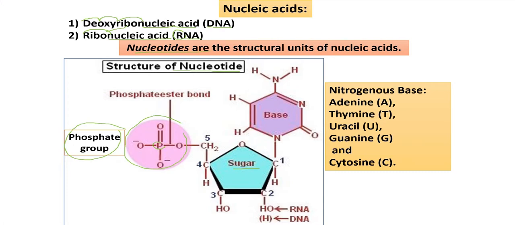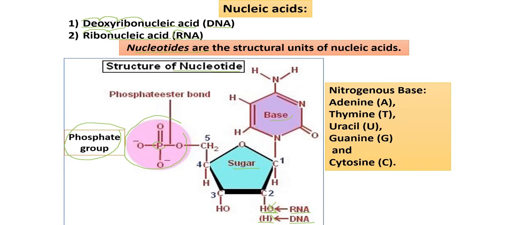So we have 1, 2, 3, 4, 5 here. The difference is that in RNA we have a hydroxyl group here, and DNA will be without oxygen here, so only hydrogen. This is why the deoxy in the word means without oxygen.